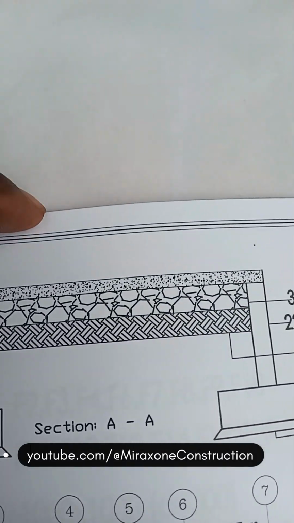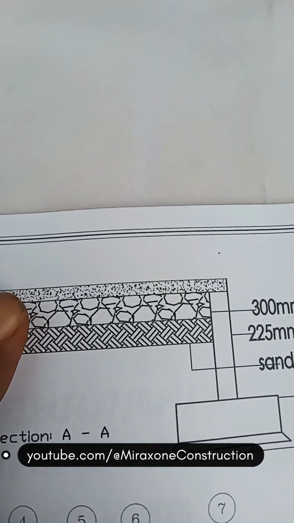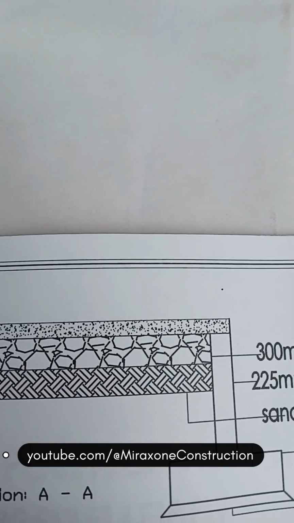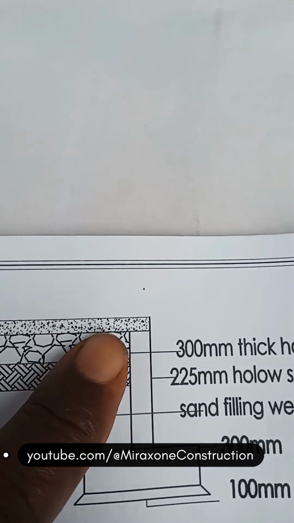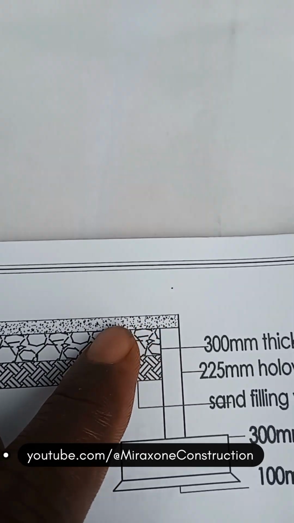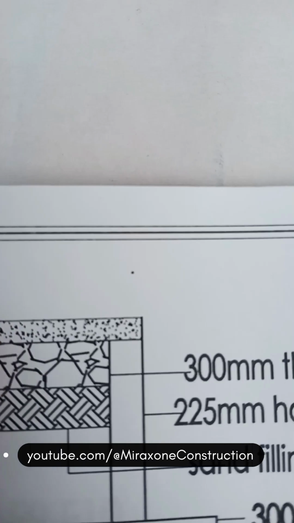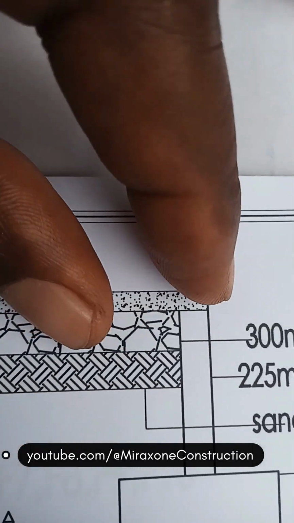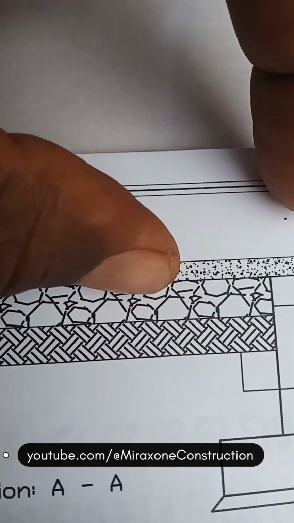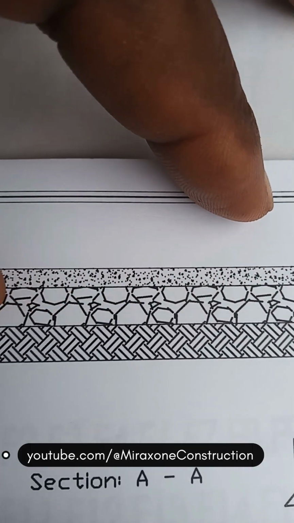There's something I want to point out which is not on this drawing. It's called damp-proof membrane. They used to place it possibly after this hardcore, before the oversight concrete. Do you understand me? After this hardcore, you place it, the line between the hardcore and the oversight concrete form.